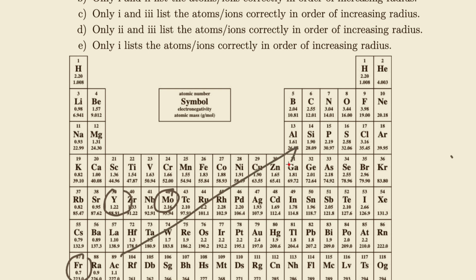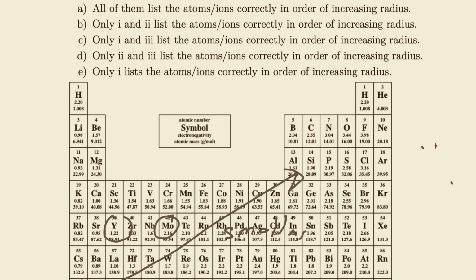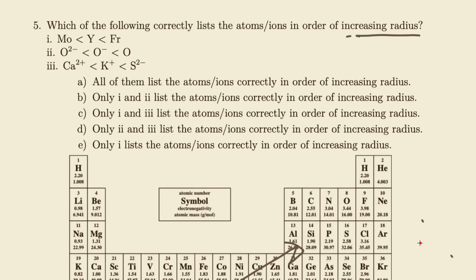As you go up and to the right, the strength of electrostatic attraction between the outer electron and nucleus increases, and so the size decreases. So as you go up and to the right, the atoms get smaller. Of this series, francium should be the largest, molybdenum should be the smallest. And so that one is correct.